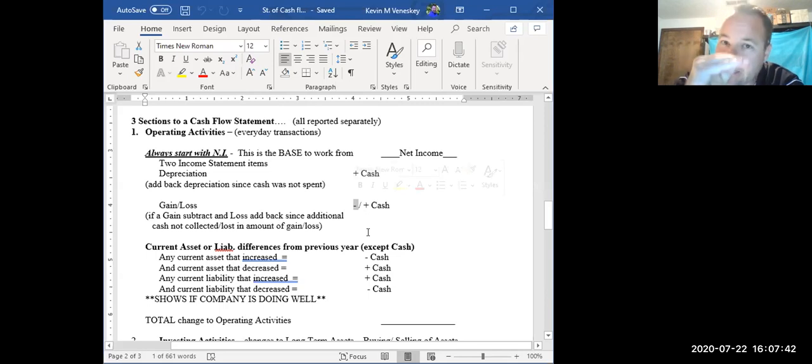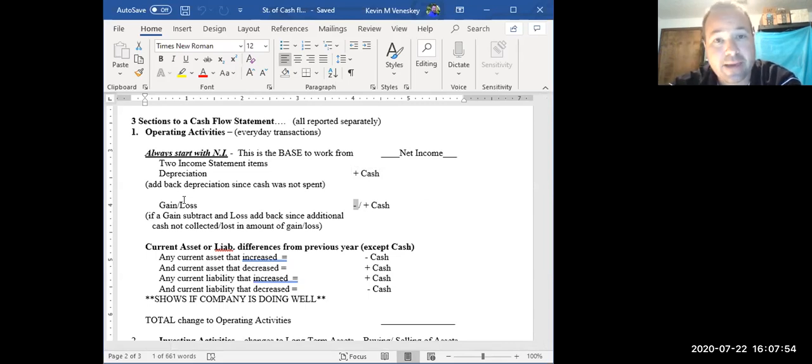So we take the income back down by the gain amount. If there's a loss, that makes your net income go down. If we pretend it's not there, we take that loss back out and our net income goes back up. So if it's a gain, we take our cash value back down, put it in parentheses, whatever that gain is. And if it's a loss, we add it back in, just like what we did with depreciation.